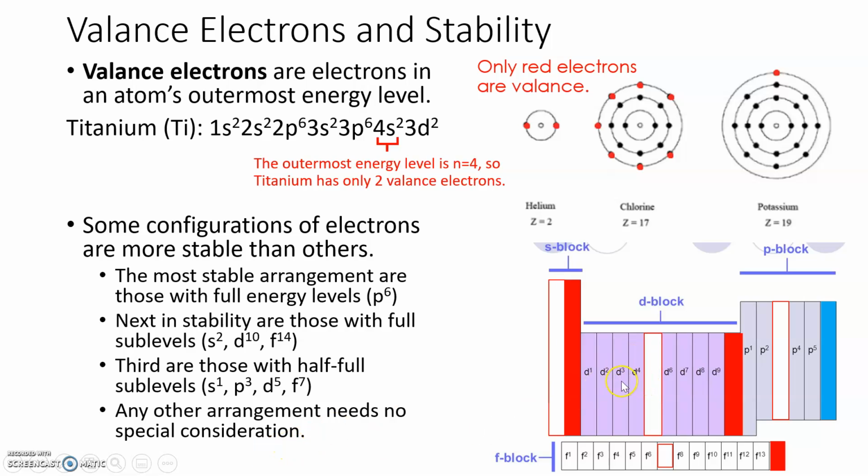It's not like D4 is any better than D3, and D6 is not better than D7. So those are the 3 winners. P6 is the winner. S2, D10, and F14 are the second place winners. And the half full sublevels, S1, D5, P3, and F7, are the third place winners.